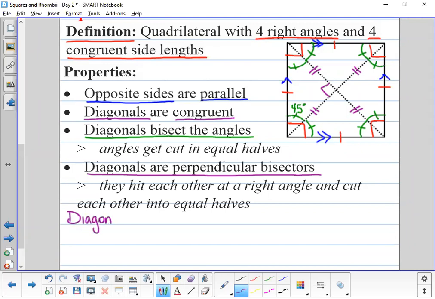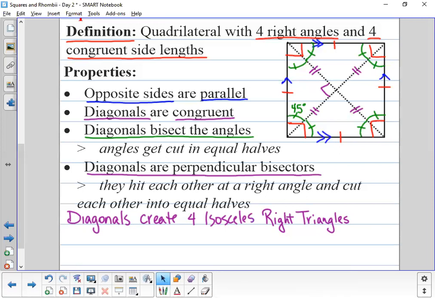Remember, isosceles means that two sides are equal to each other. So again, with a square, we'll be able to use the Pythagorean theorem. And since we know that the legs are the same, we could probably also use that idea to solve some problems as well.